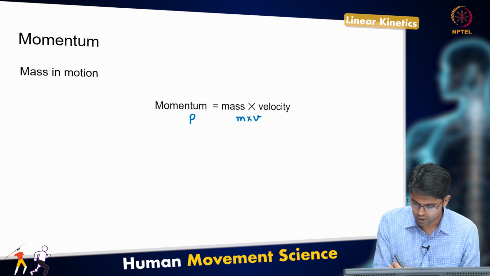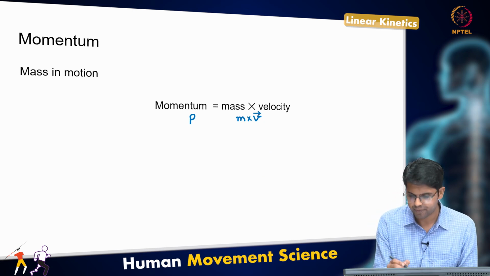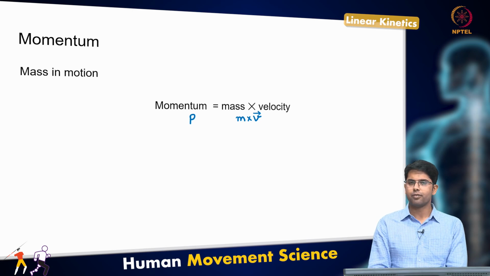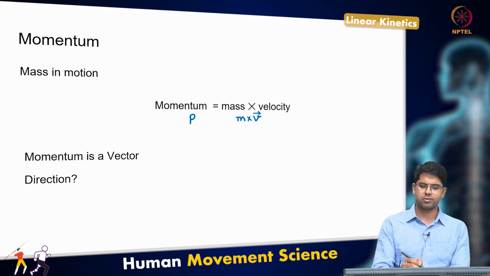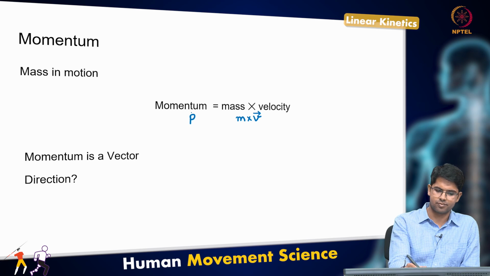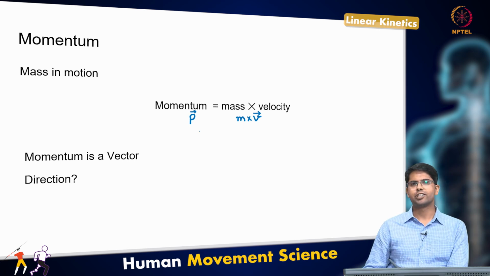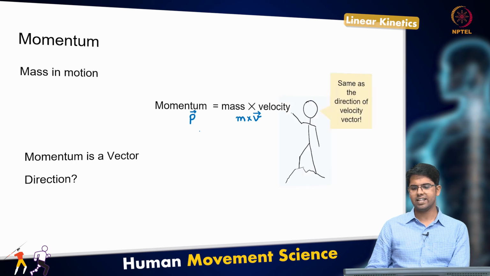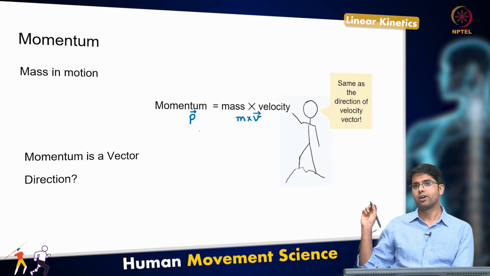Now we know velocity is a vector. We identified the difference between speed and velocity in kinematics, and since velocity is a vector, momentum is a vector as well. And from this relationship, we can see that the direction of velocity and the direction of momentum are the same.